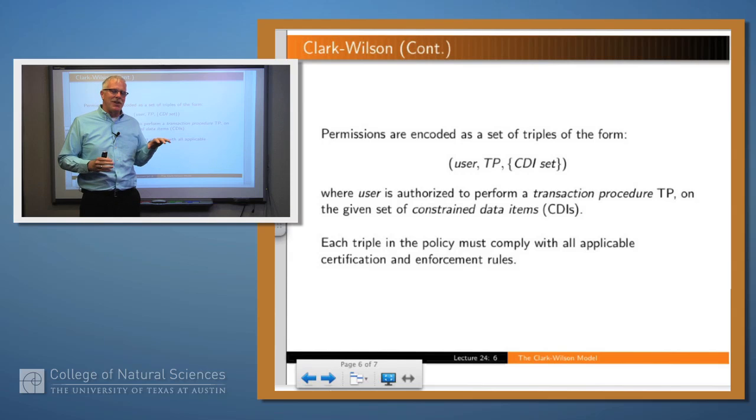One of these triples is a subject, an action, and an object. In this case, a set of objects, but it's just a more general framework. Okay, so the idea then is if some user wants to perform an action, it has to be the case that that action is in the form of a transaction procedure, and it can only be performed on certain sets of items or objects within the system.